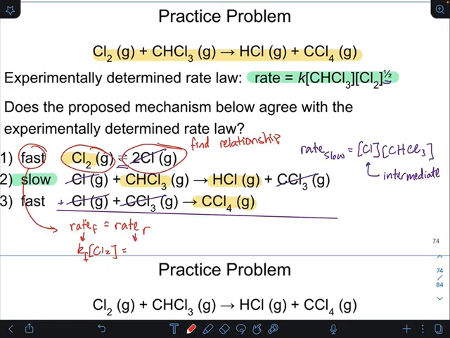The rate of my reverse reaction is going to be equal to Kr, rate constant of the reverse reaction, times concentration of Cl squared because of the 2 in the equilibrium. Okay. My goal is to rearrange this and solve for the concentration of chlorine. And we are going to then substitute that into our slow rate law.